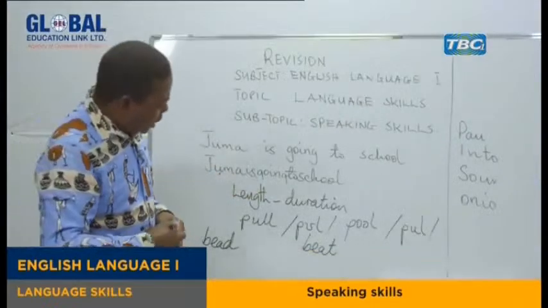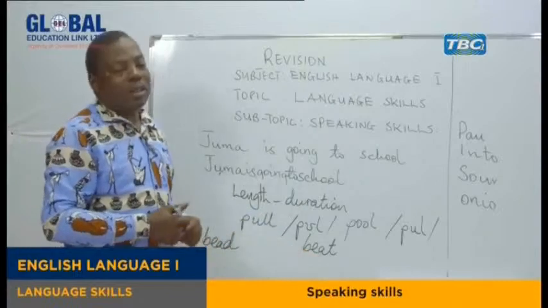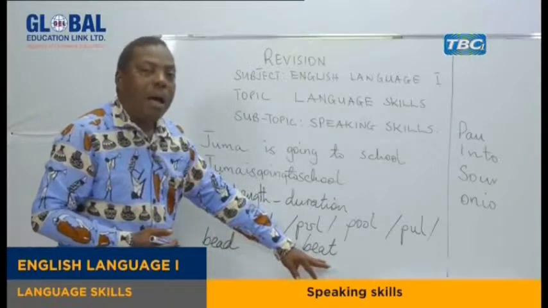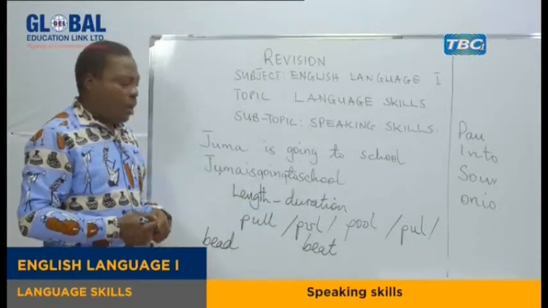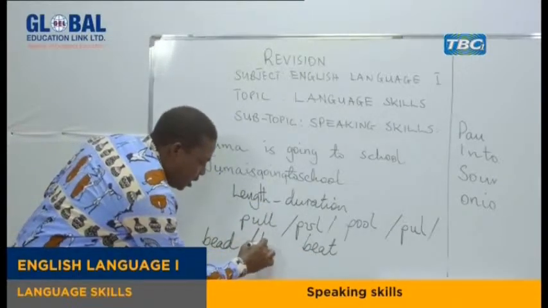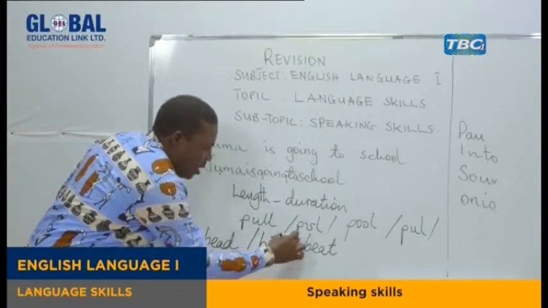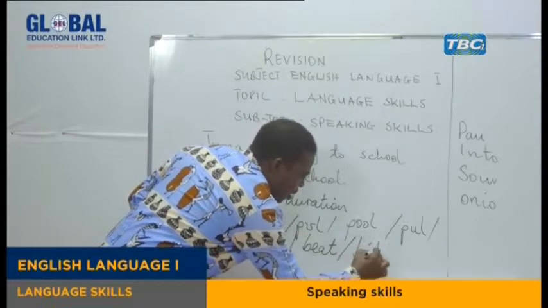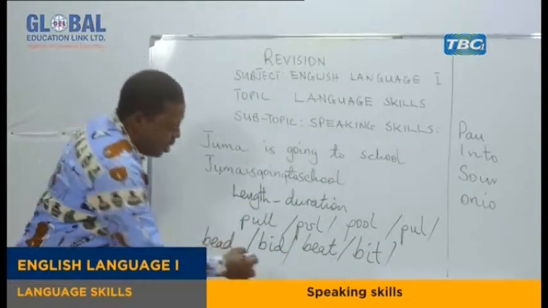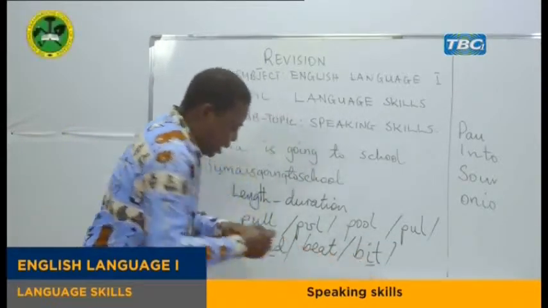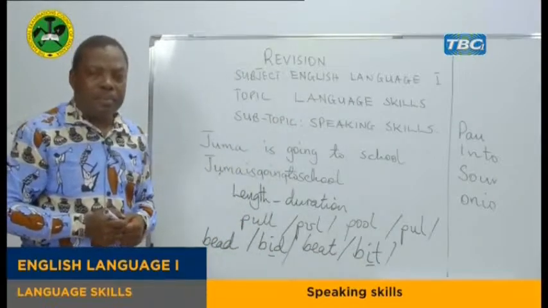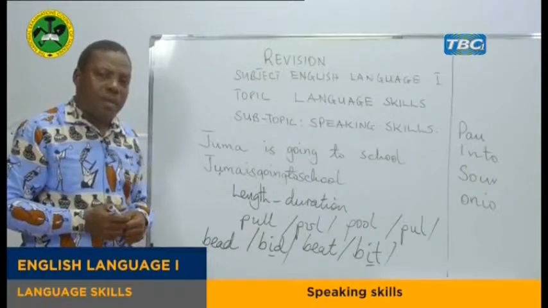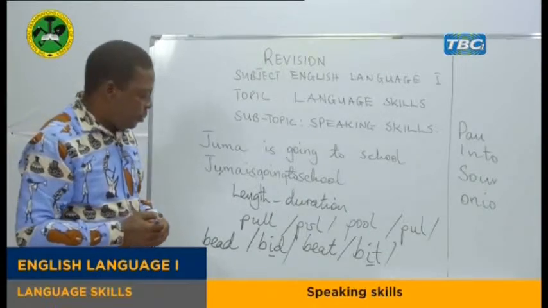Let us also examine these two other words, bid and beat. As you pronounce the two words, you'd find they have a similar nucleus, the E, the long one.